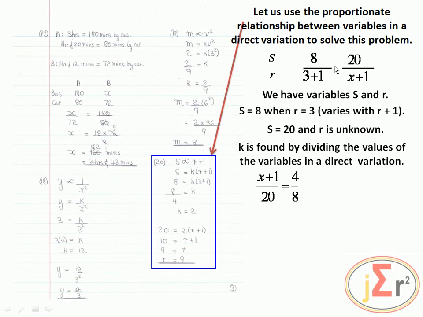But why do we have 8 over 4 here, and yet still we put 4 over 8? And then whereas we have 20 over x plus 1, we have x plus 1 over 20. Why can we do that and be correct? Because if we have two fractions that are equal, when we invert them, they are still equal.